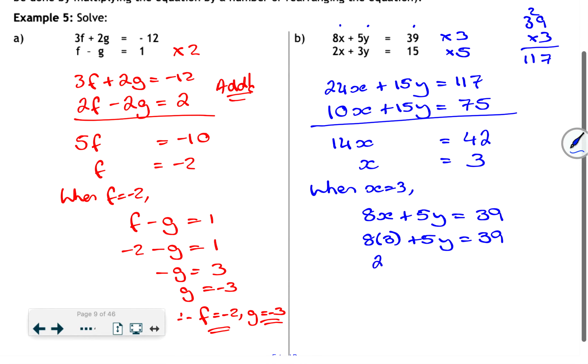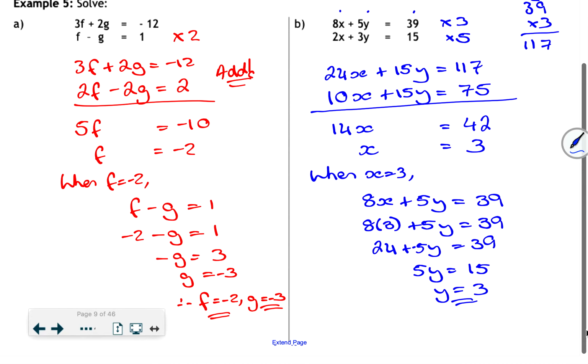That would be 24 plus 5y equals 39. So 5y has to be 39 take away 24, which is 15. So y has to be 3. So therefore, for the final answer, you must communicate this. Therefore, x has to be 3, y has to be 3.